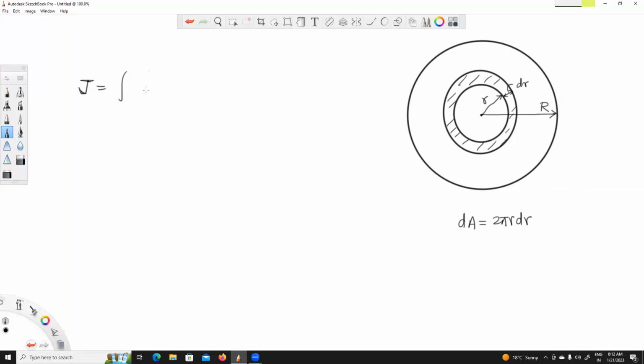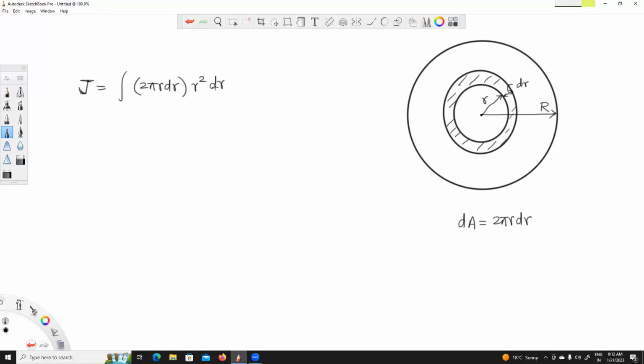This is 2 pi r dr, the small area, multiplied by distance squared from the point of symmetry, which is equal to radius squared, integrated over the cross section, so over this small distance dr.